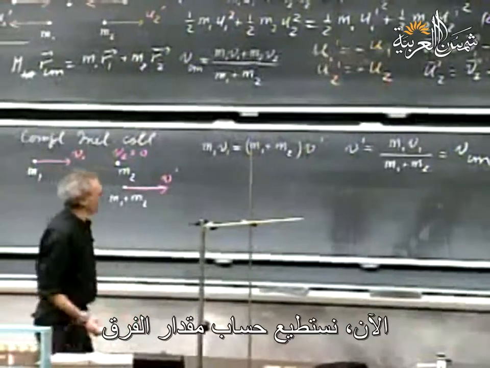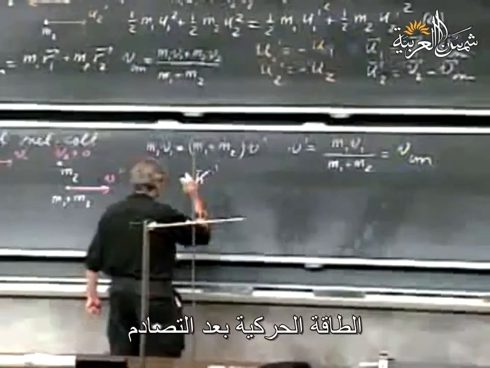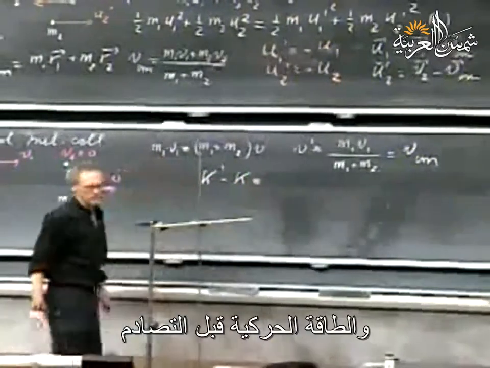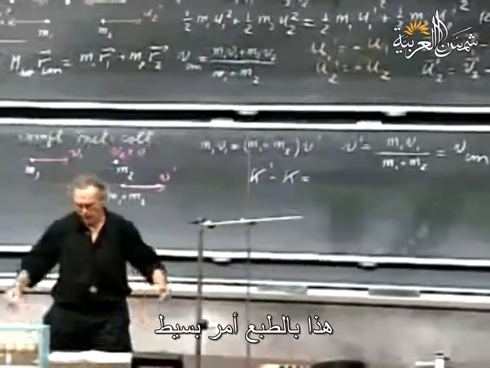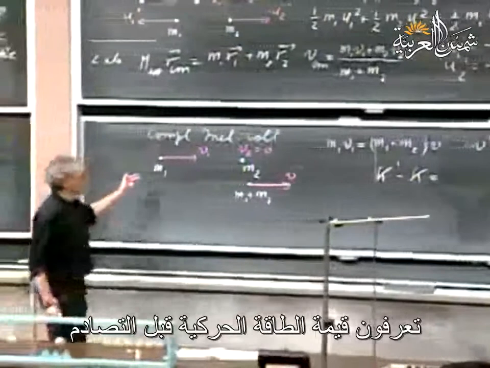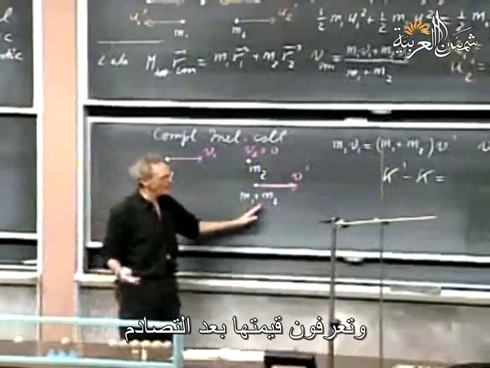Now we can calculate what the difference is between the kinetic energy after the collision and the kinetic energy before the collision. That is, of course, something that is rather trivial. You know what the kinetic energy is before the collision. It's 1/2 M1 V1 squared. And you know what it is after the collision.